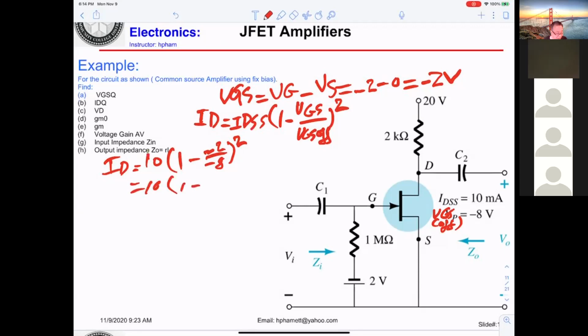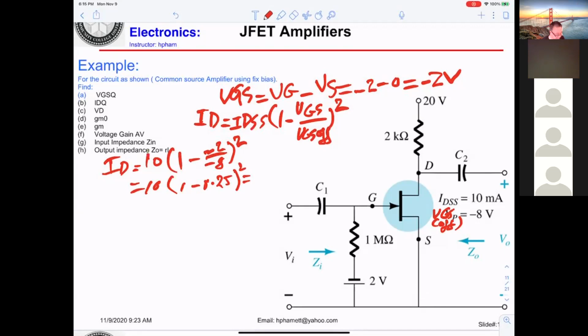Minus 2 over minus 8, so 2 divided by 8 is 0.25. At first, I was using -8 as the value of VP, so I thought we were saying VGS off was +8. That was throwing everything off for me.